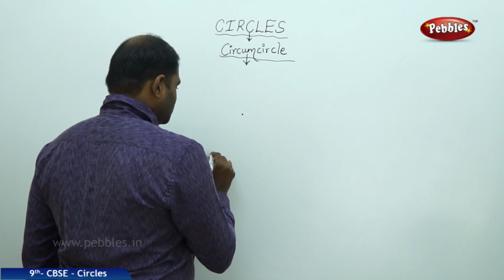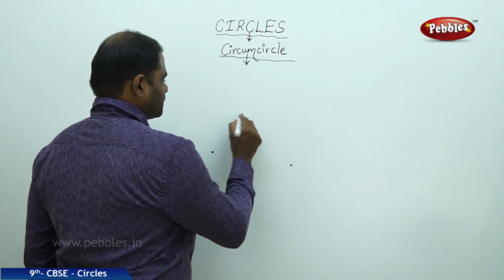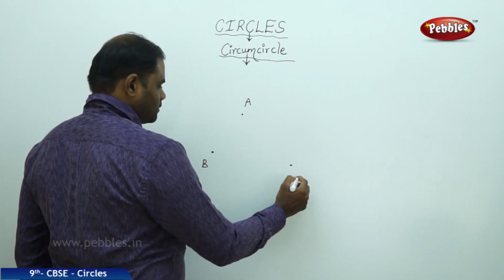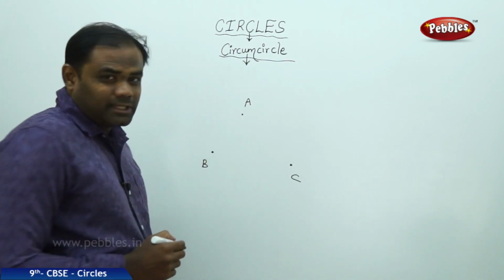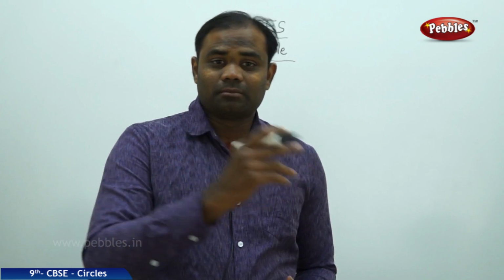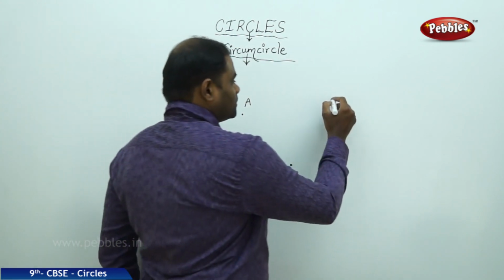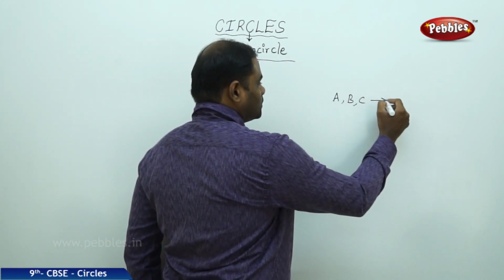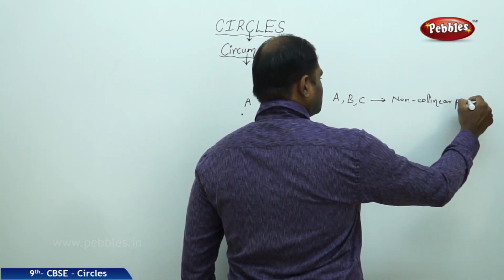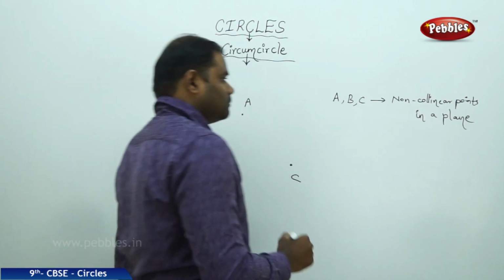Suppose I take 3 non-collinear points, say A, B and C. For these 3 points, we have already discussed that there is only one circle which can be drawn passing through these non-collinear points A, B, C, in a plane.